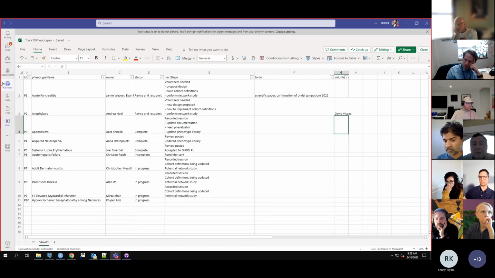I actually think that will be exponentially more impactful than just writing an informatics paper about a generic process. I mean, we should do that also.